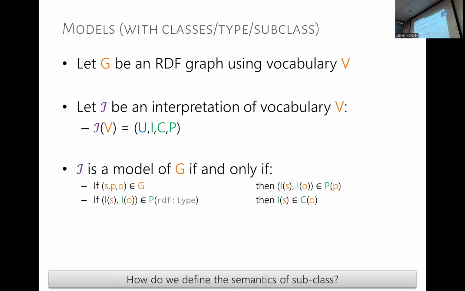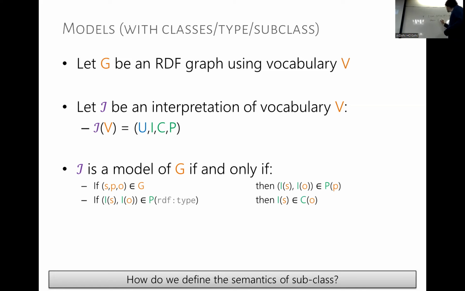What about subclass? So let's try again. The way it's on the slides is better, although it's equivalent. So if the pair of interpretations of S and O is in the property interpretation for RDFS subclass of, then what do we write?